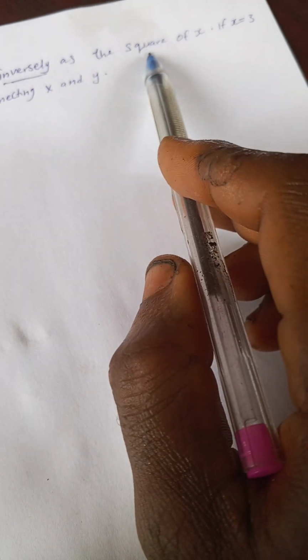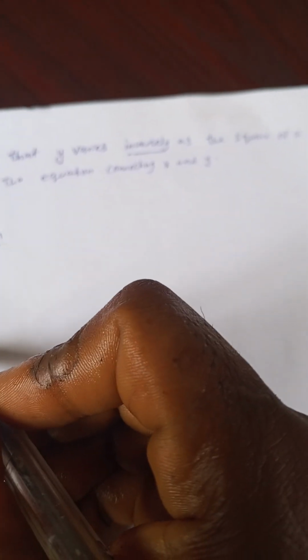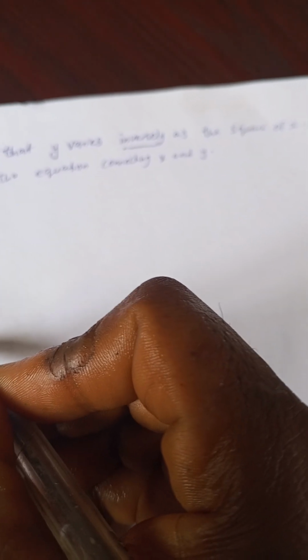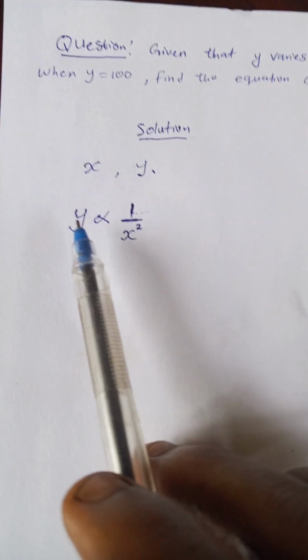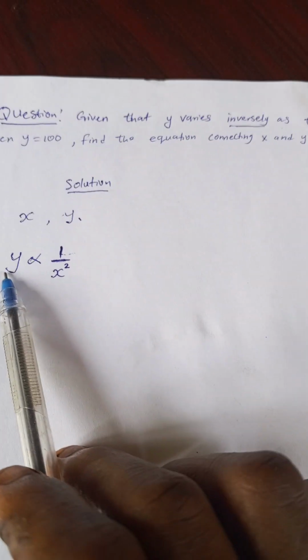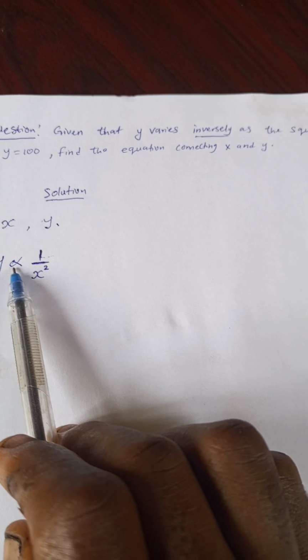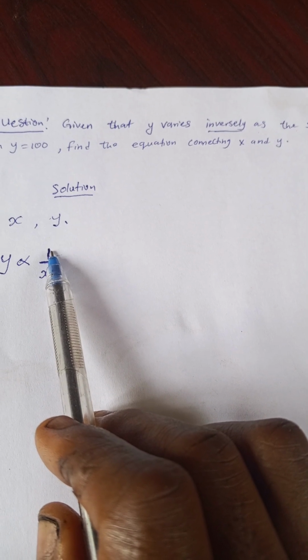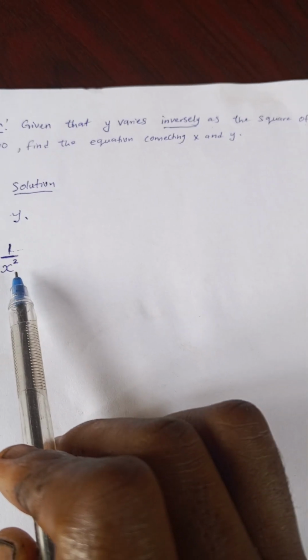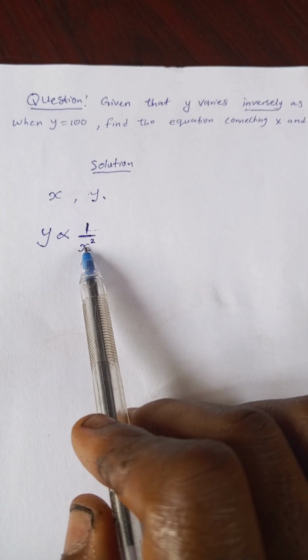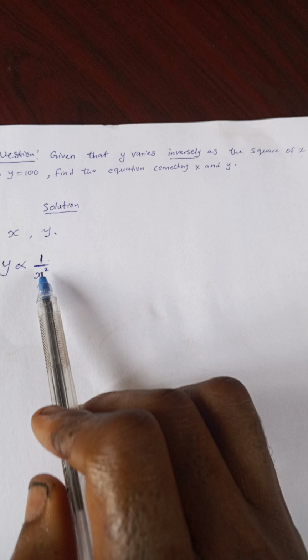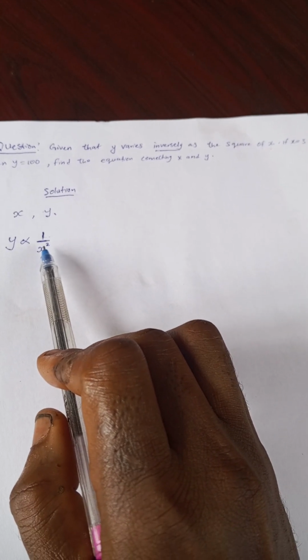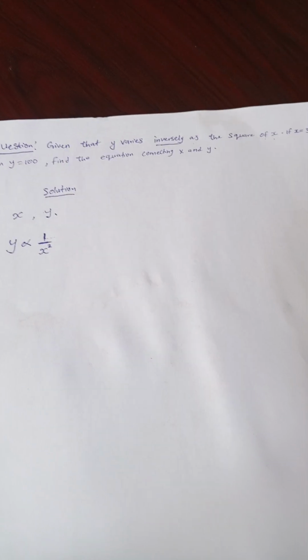As the square root of x. So the statement: y varies inversely as the square root of x. Okay, that's the first part.